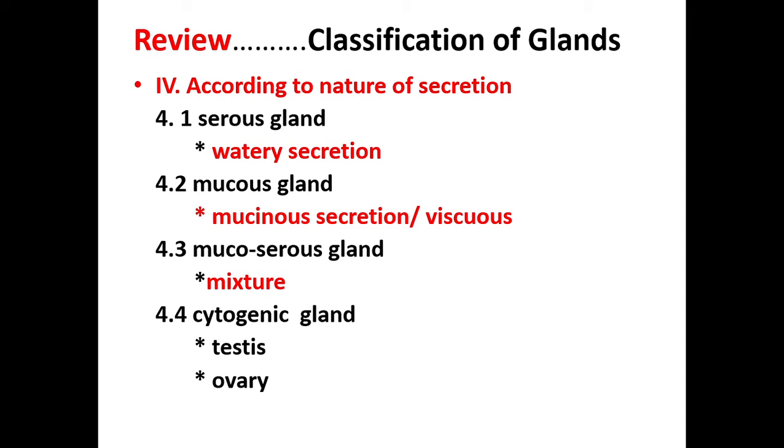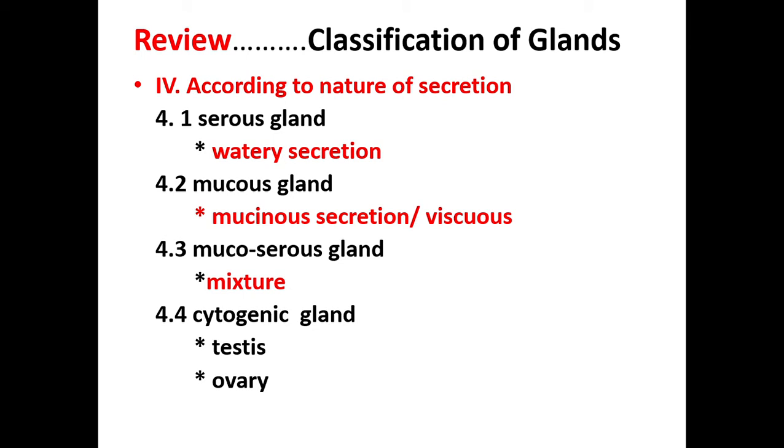The fourth criterion is according to the nature of secretion. So we have again serous gland, mucous gland, mucoserous gland, and cytogenic gland. Serous: watery secretion.